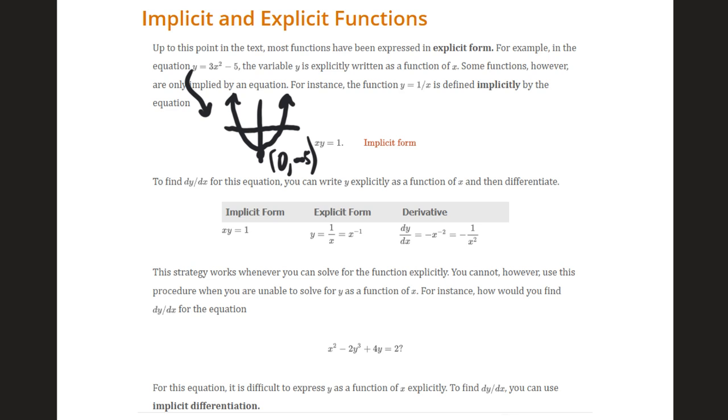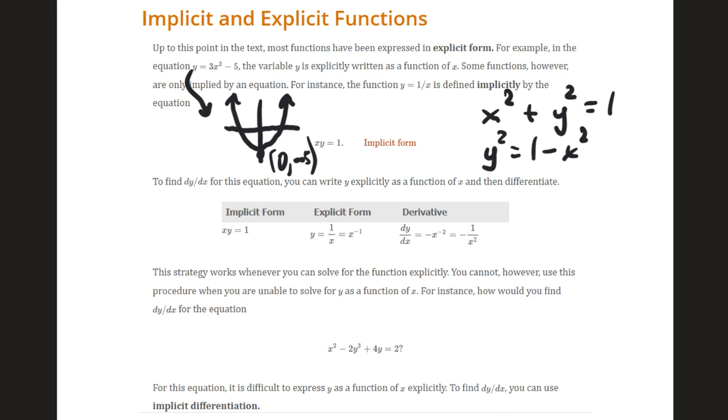For example, the unit circle, and let me pencil that in. If we had x squared plus y squared equals 1, if you were to isolate y, we have a y squared.